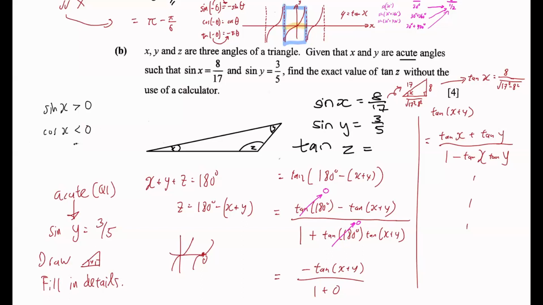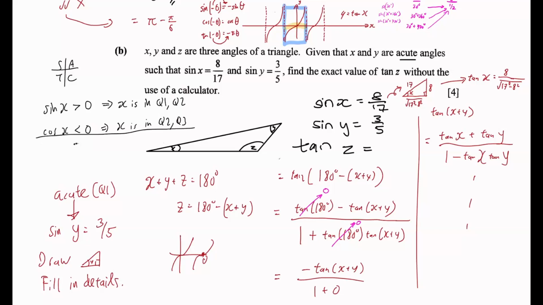Then, okay, wait, hold on. ASTC. Then you need to figure out that if sine X is positive, that means X is in quadrant something and something, right? You remember this kind of questions? If cosine is less than 0, negative, that means the angle is in Q2 or Q3, right?